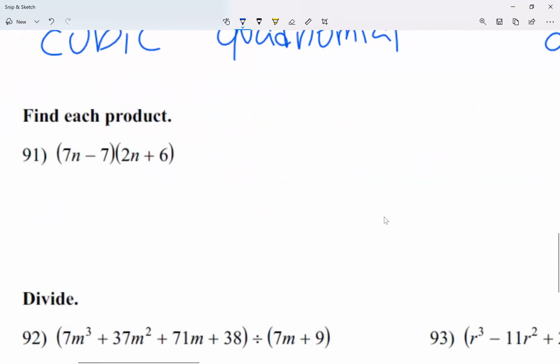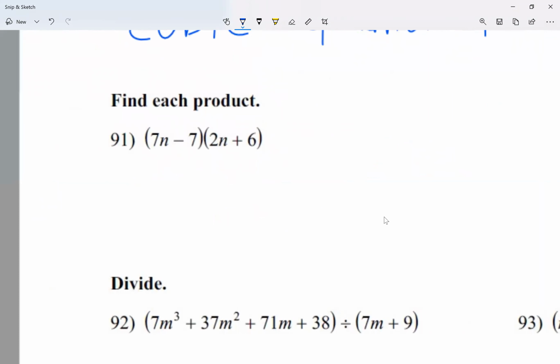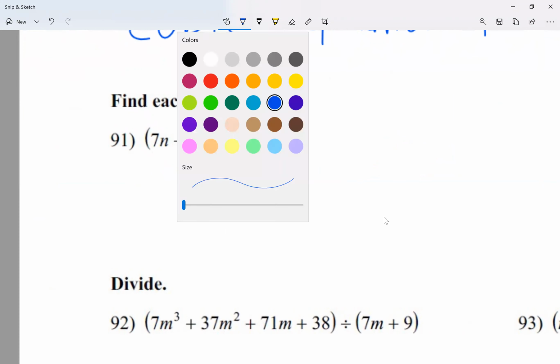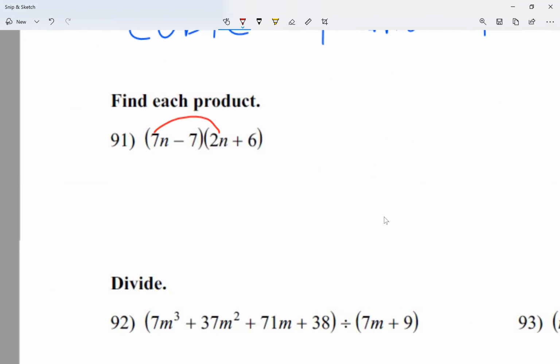Now, let's take a look at question number 91, right? Multiplication. We learned how to multiply. So what I'm going to do is multiply the 7n to all the parentheses. So 7n times 2n will be 14n to the second. Right, 7 times 2, and then n, when it comes to letters, add the exponents. And then 7n times 6 will be 42n.